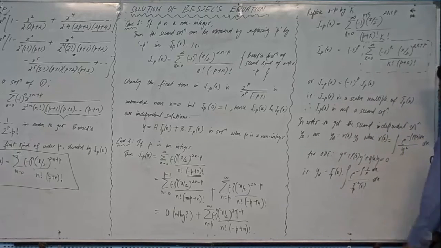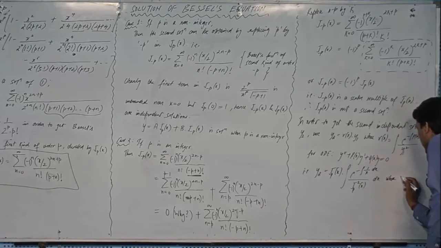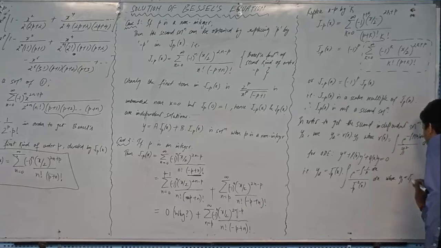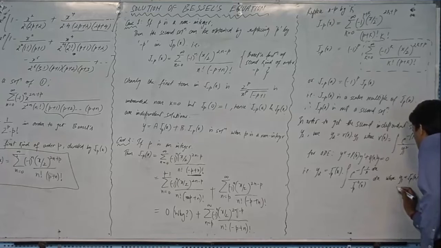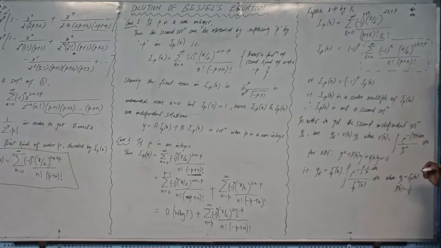Note that I have done this in one step only. I am mentioning that y1 is J_p, and I have used p(x), the coefficient of y', that is 1 upon x.